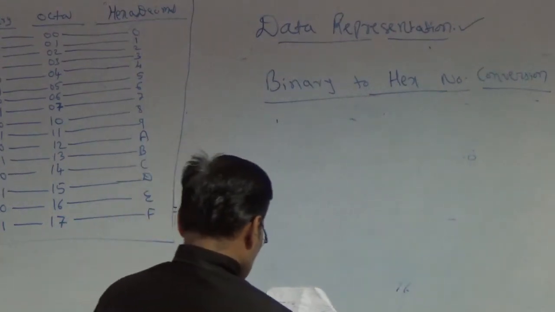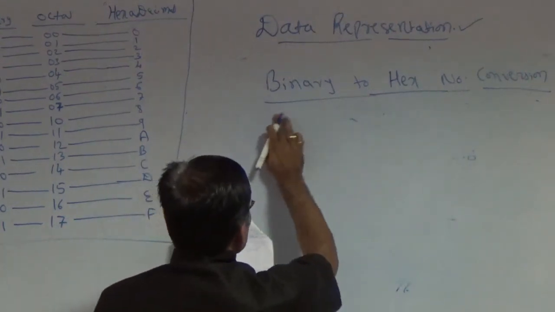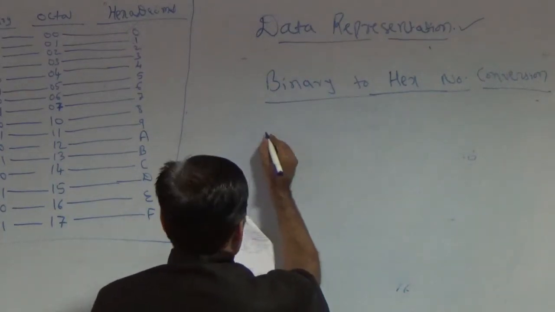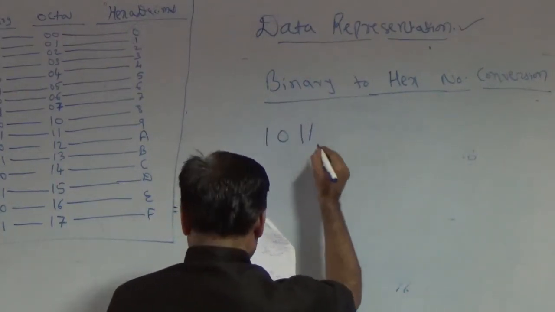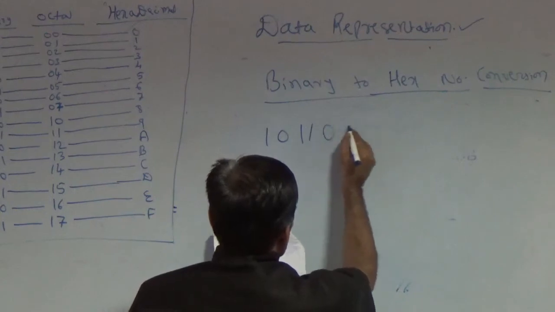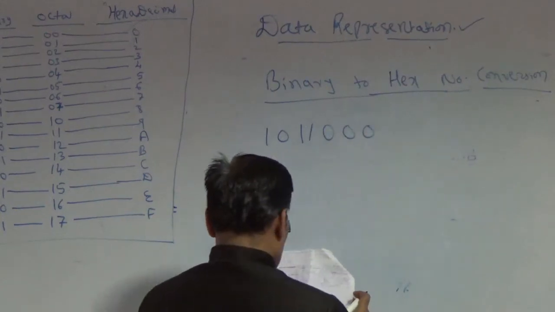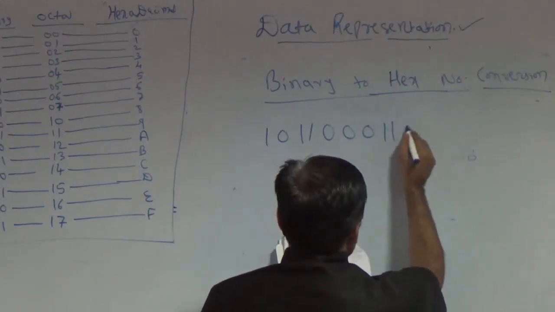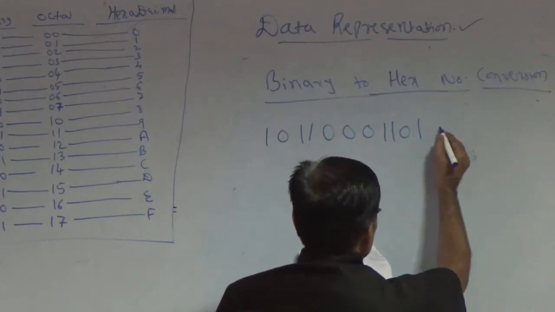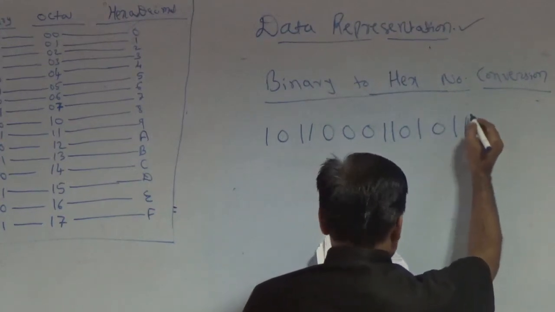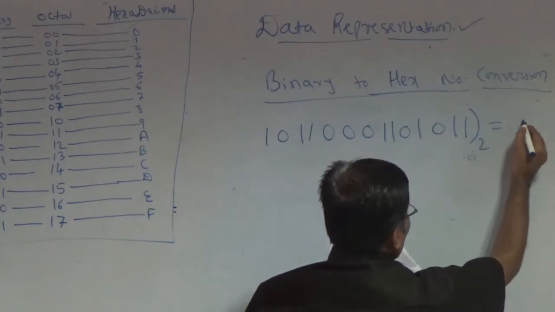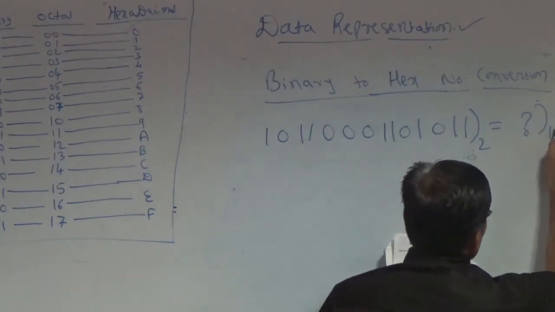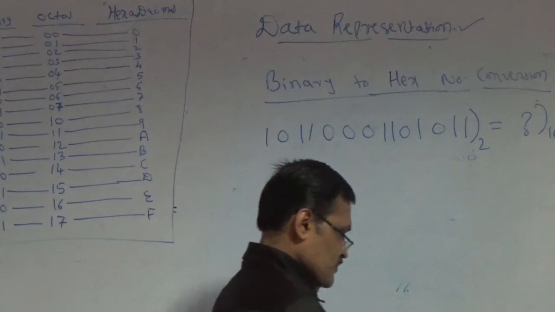Here the given binary number is something like this: 1011 000 11 01 011, which is our binary. We have been asked to generate the equivalent hex.